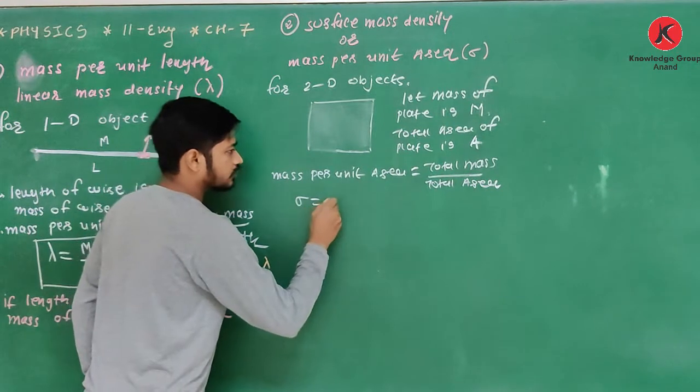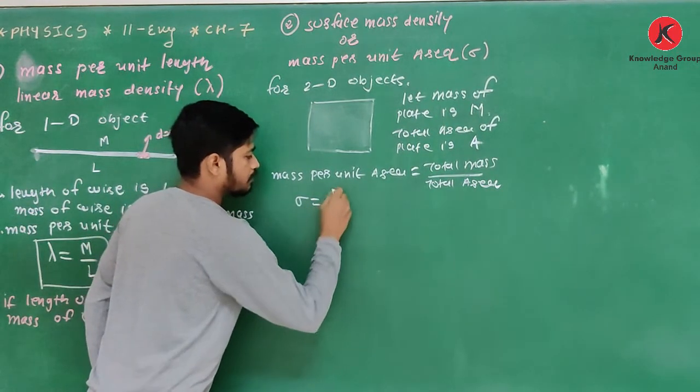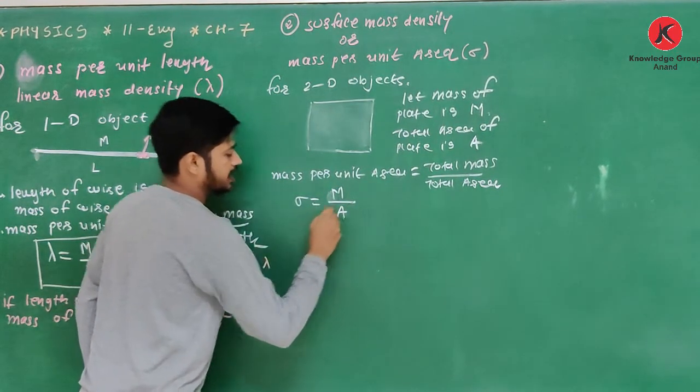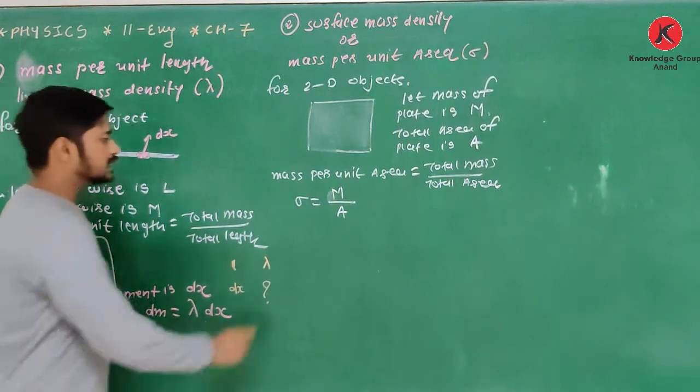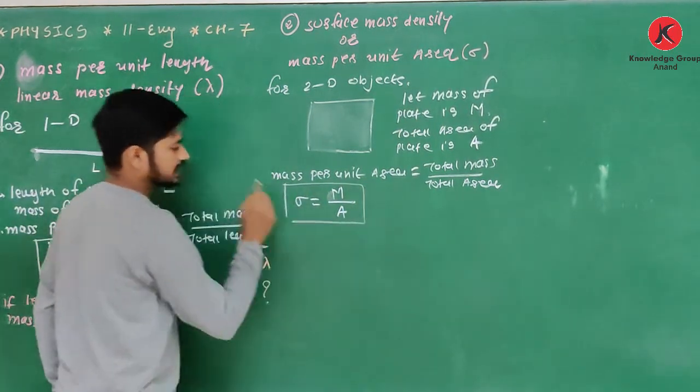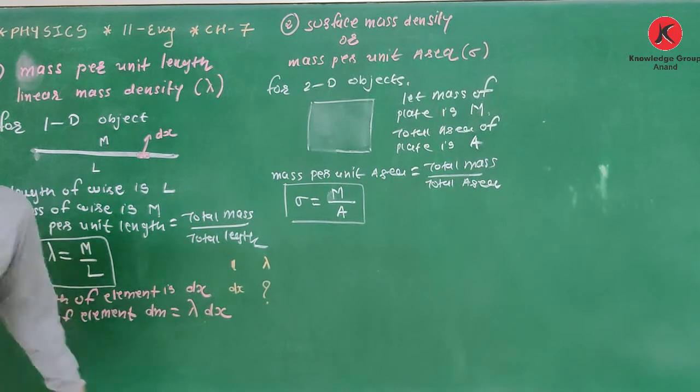So sigma is equal to mass upon area. Simple.